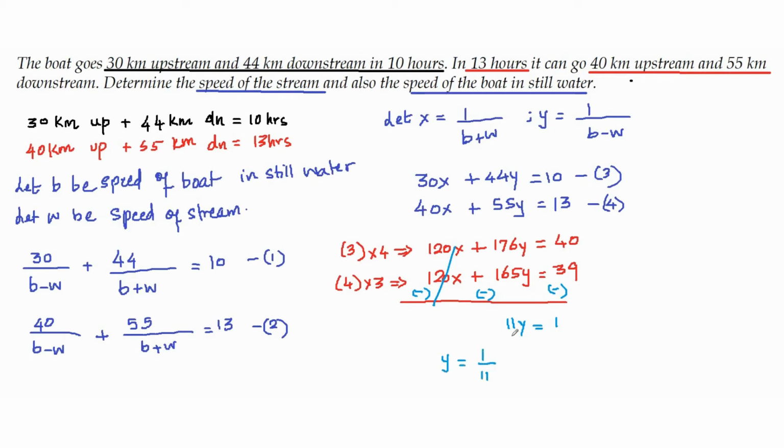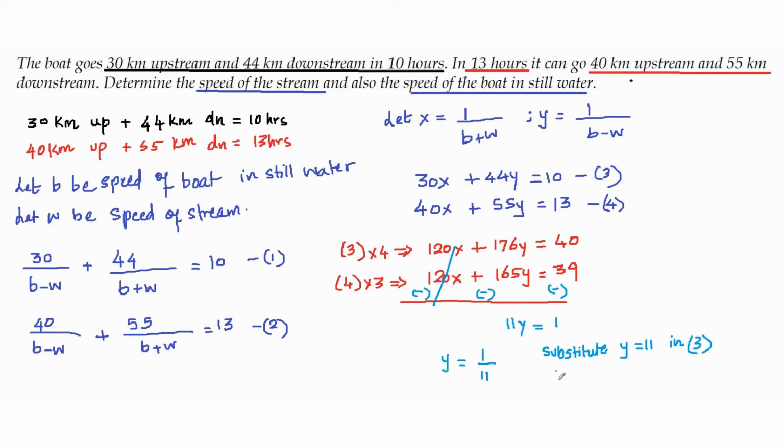And what is Y actually? Y is 1 by V minus W. So I can get V minus W. But wait, now that we have got Y, let us substitute Y to get the value of X. So let's substitute Y equal to 1 by 11 in, say, the third equation.